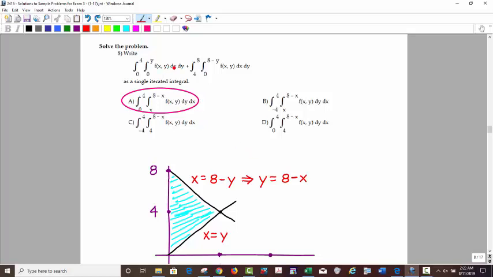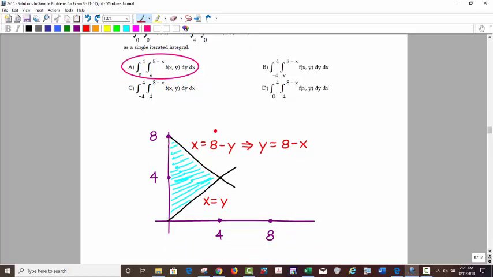So you see that I have dx here. I'm going from 0 to y, so I graph the line y equals x, or x equals y, same thing. That's coming this way. And then over here we have an 8 minus y, so I solved x equals 8 minus y, which is y equals 8 minus x. So that's this line coming down this way. And they intersect at 4.